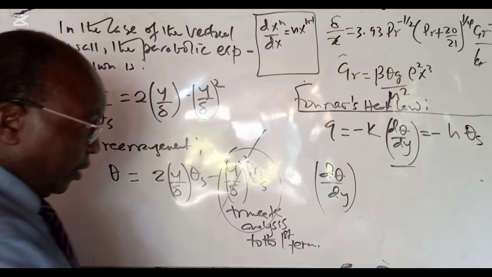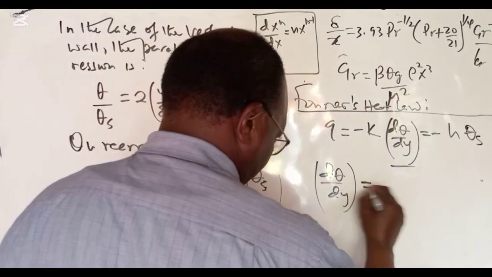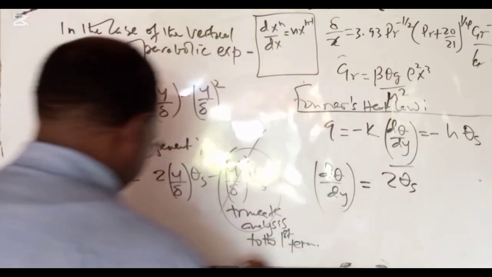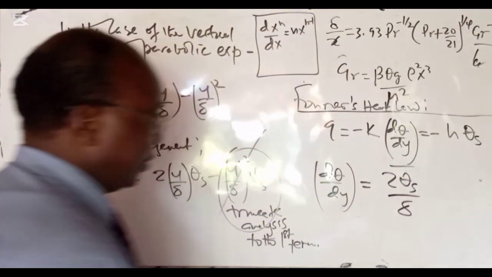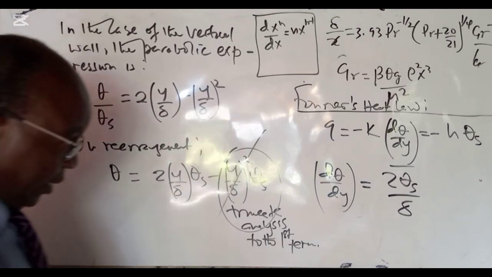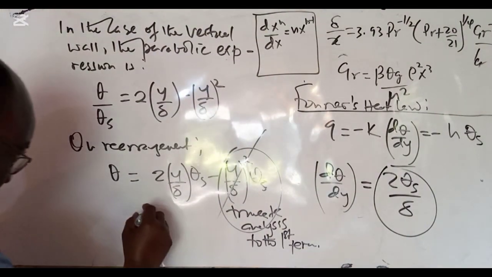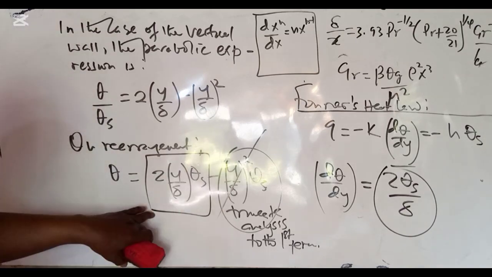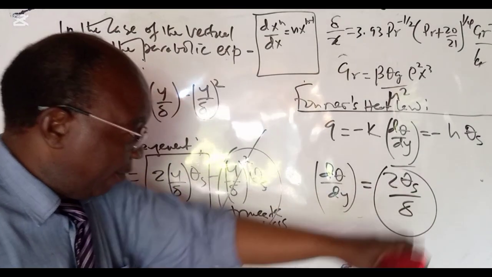That's the identity we are using here. So what do we have? After taking the derivative of this quantity, we will get 2 theta s over sigma.